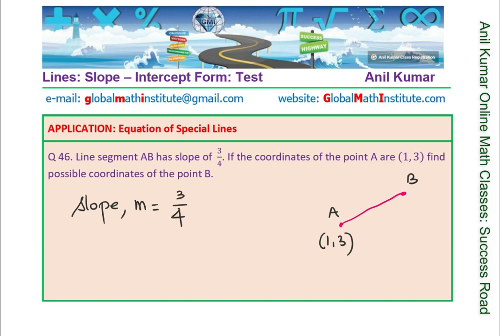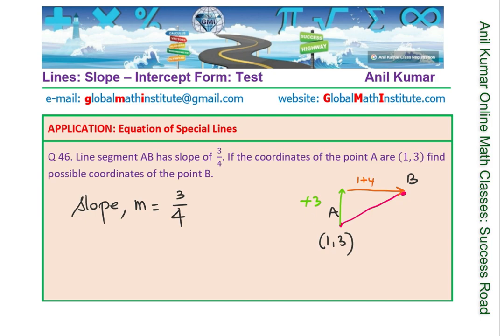It means we rise by 3, so we go 3 up, so plus 3. If I go plus 3, the y value becomes from 3 to 5, and then we go 4 right. So this is plus 4 to the x value, so 1 plus 4.